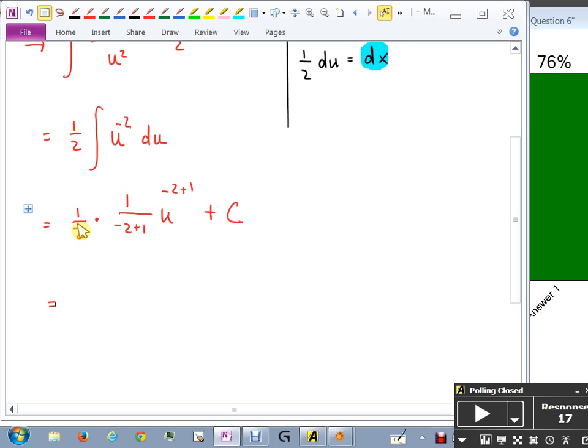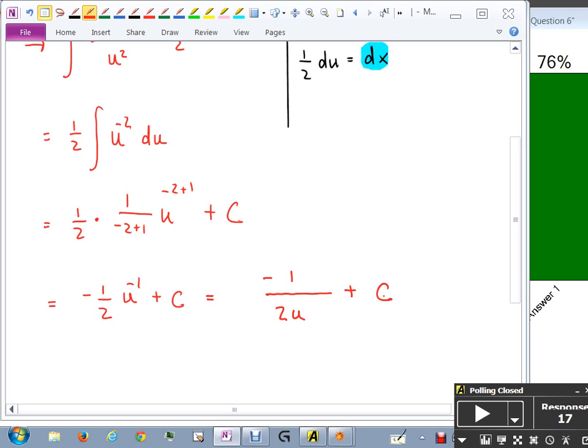So times this is going to be negative 1/2 u to the negative 1 plus a constant. What is u to the negative 1? It's the same as 1 over u, right? So I'm going to rewrite this as negative 1 over 2u plus a constant.